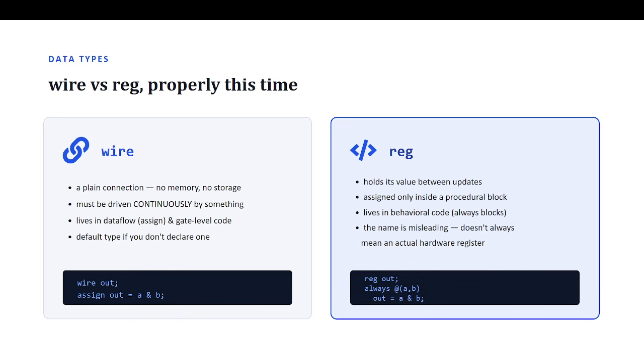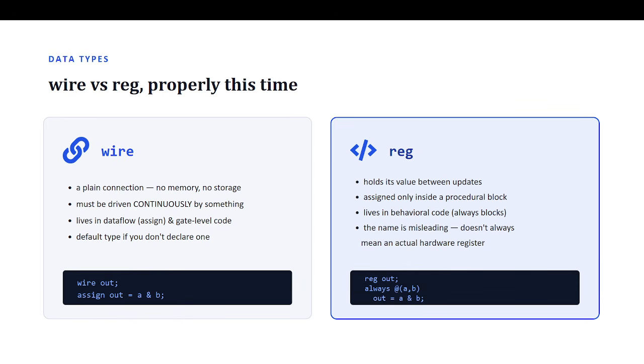But, and this is critically important, so please pay close attention, a reg can only be assigned a value inside a procedural block. That means inside an always block or an initial block, you cannot write assign to a reg. That combination is simply illegal syntax in Verilog.